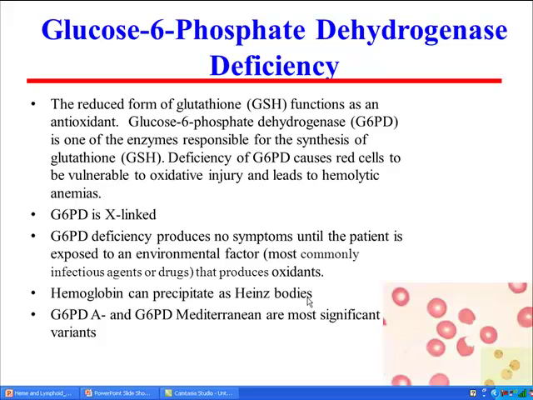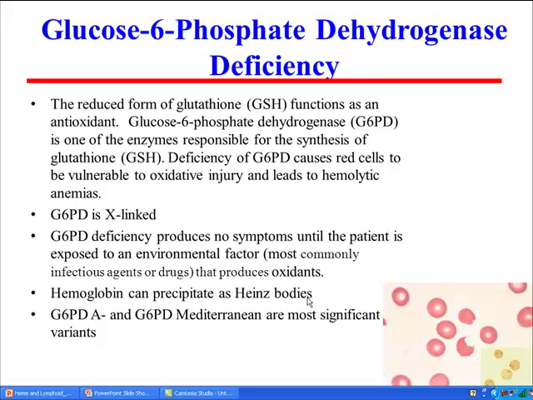So what happens in this disease is when the oxidants are now in high level, and they're now free to attack other red cell components, including the globin chains, and so these oxidized hemoglobin will denature and precipitate, and when they precipitate, they're going to be accumulated in the cell, and these accumulations are called Heinz bodies.